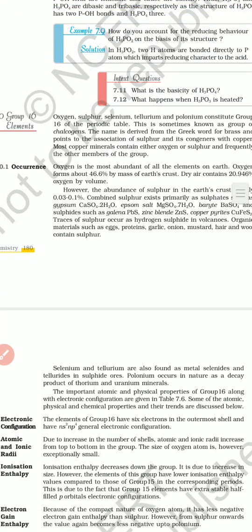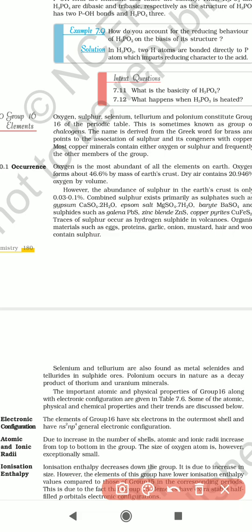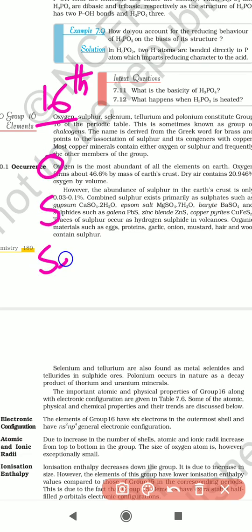So, the 16th group elements are called the oxygen family. The elements existing are oxygen, sulfur, selenium, tellurium, and polonium. These are the 16th group elements.